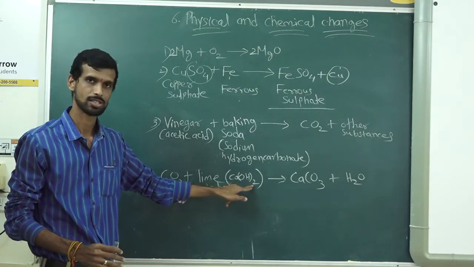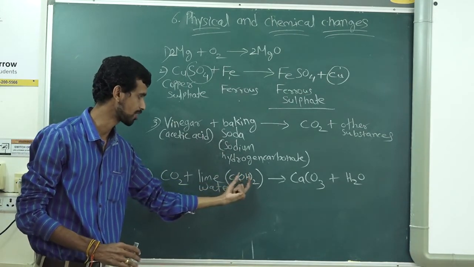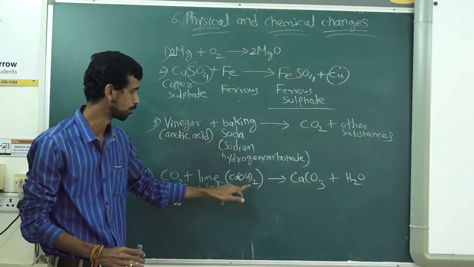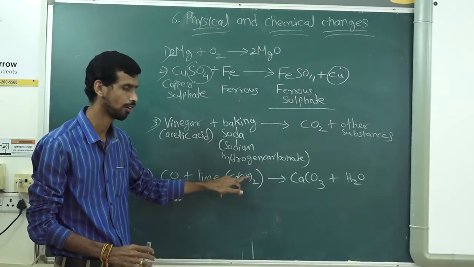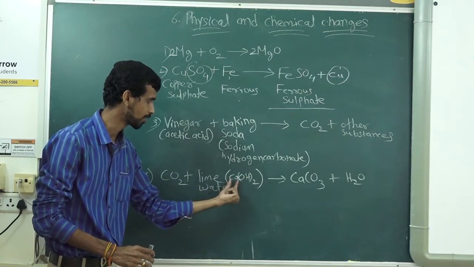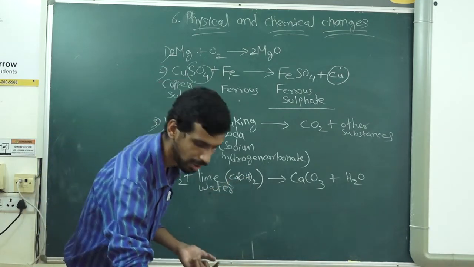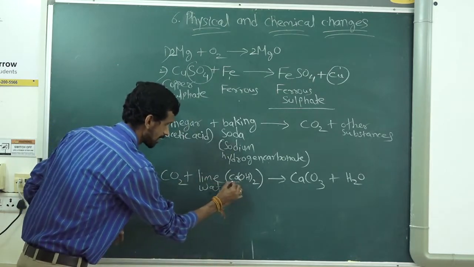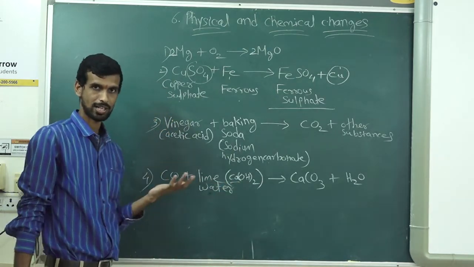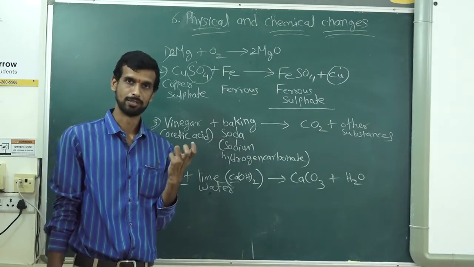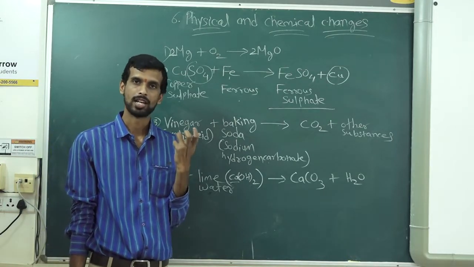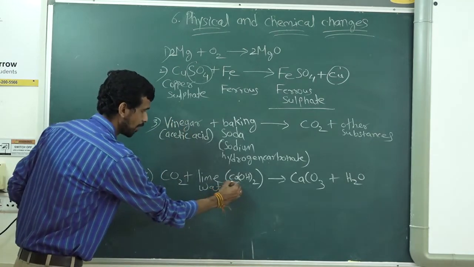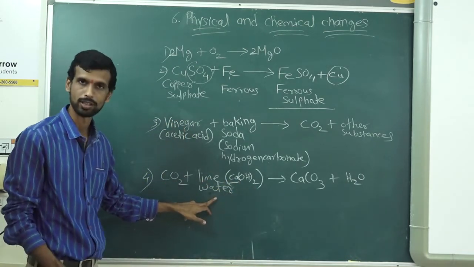Ca(OH)2. The bracket is there for OH, and this 2 means 2 atoms of oxygen, 2 atoms of hydrogen. What is meant by Ca? Ca is nothing but calcium. You know calcium is very important for our bones, strong bones, right? So calcium hydroxide, lime water.